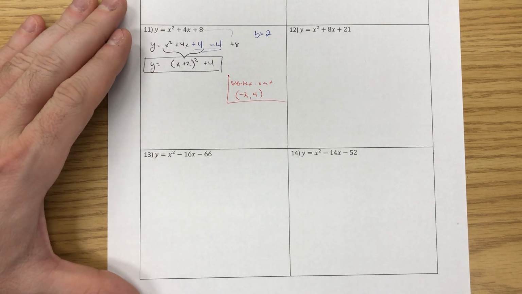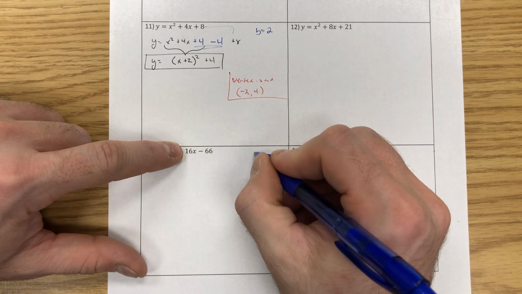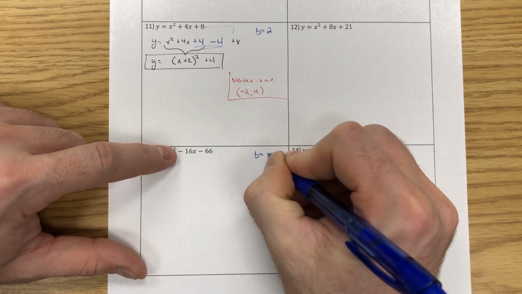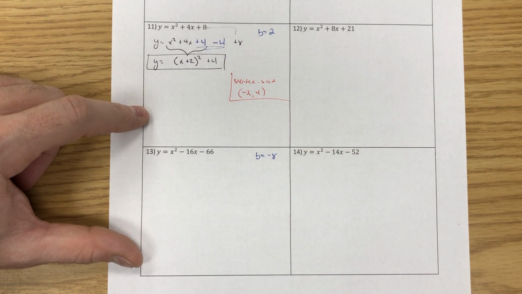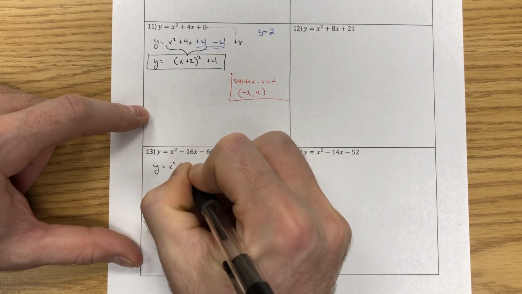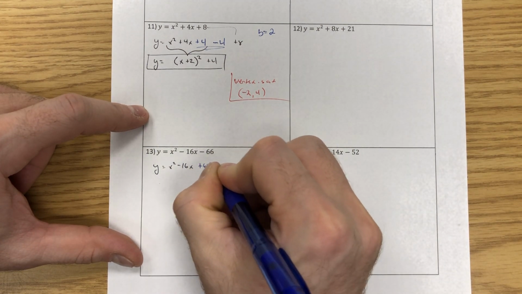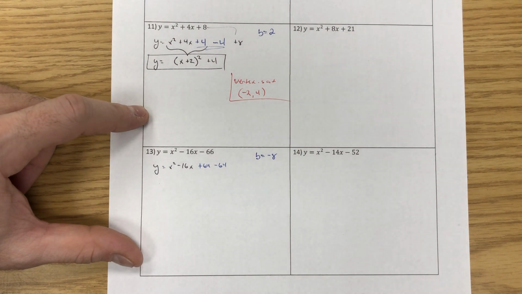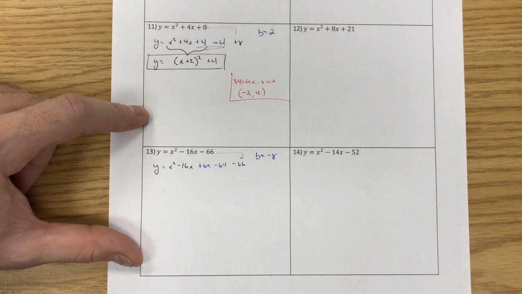So let's see how we did. I know that if b is twice 16, b is, in this case, a -8. And I know for that to be true, I'm going to need to add 8 squared. So I'm going to add 8 squared, which is 64, and I'm also going to take it away. And let's not forget the minus 66.